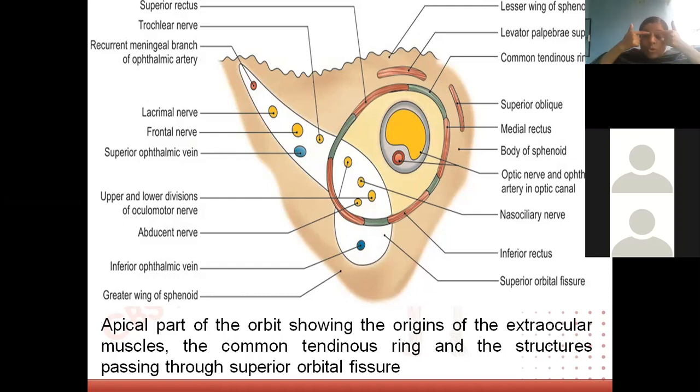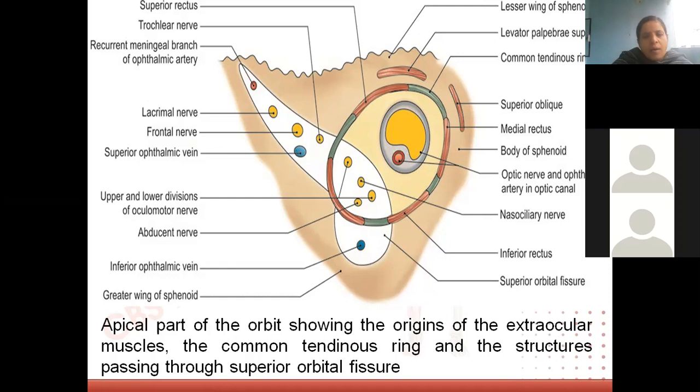Inferior will be from below, superior will be from above. So you are finding the origin of these extraocular muscles. The optic canal gives passage to the optic nerve, and not only that, it also gives passage to the ophthalmic artery. So I have explained a complete picture. I hope you understood. If not, you stop me. Niharika, understood?